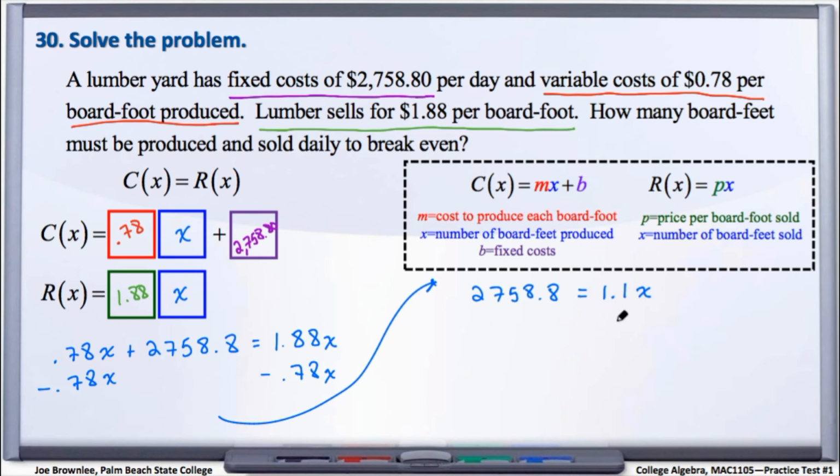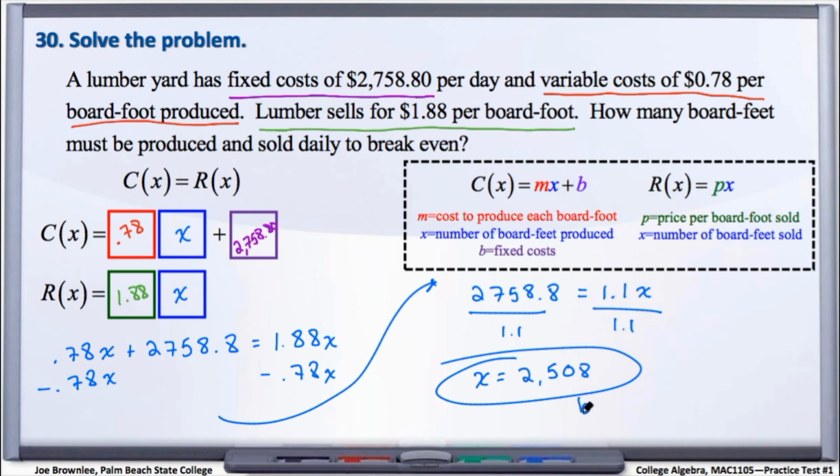To solve for x, we divide by 1.1 on both sides, and that leaves us with x equals 2,508. This is the number of board feet that we have to produce and sell daily in order to break even.